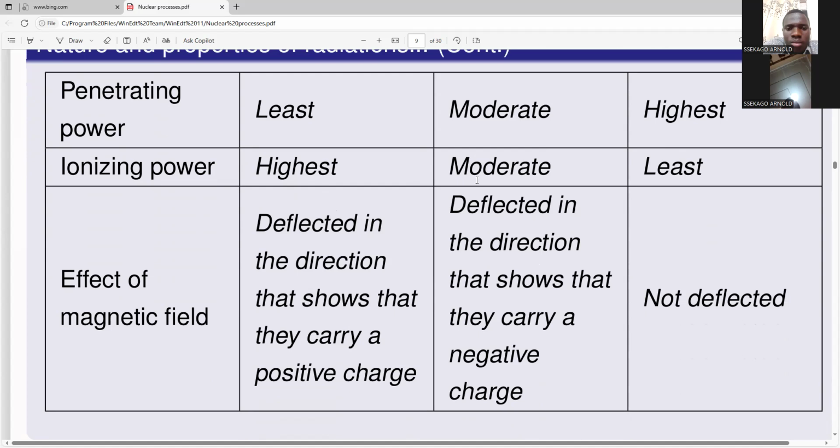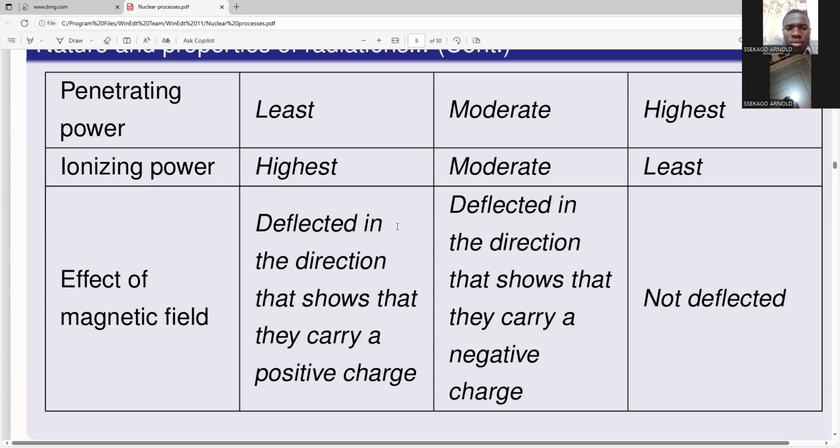Beta particles have a moderate ionizing power. And the gamma rays do not even have any charge. So they cannot even ionize. They have the least ionizing power. Those are the gamma rays.